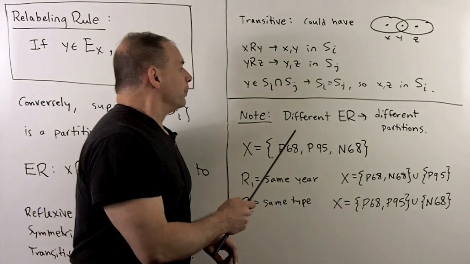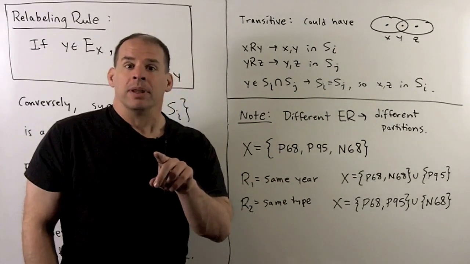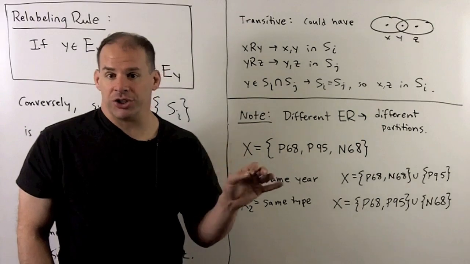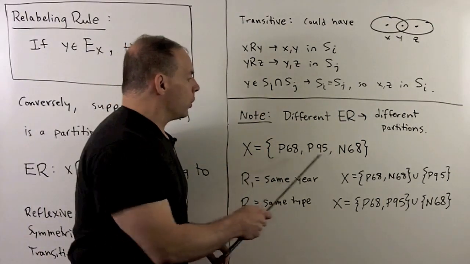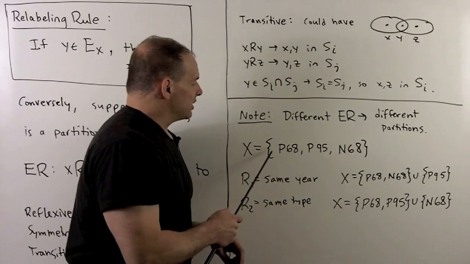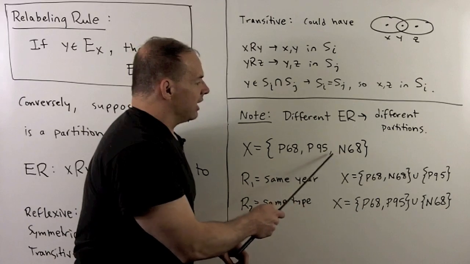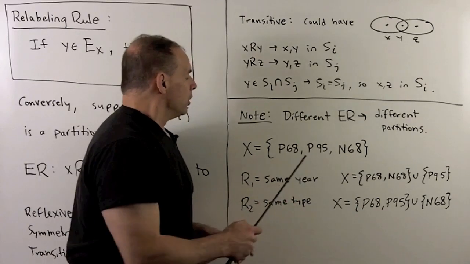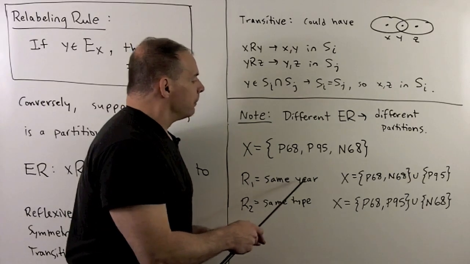One last note, if I have different equivalence relations on a set, then we expect to have different partitions. So for instance, let's suppose our set is of 3 coins. I have a 1968 penny, a 1995 penny, and a 1968 nickel. First relation, R1, is if they have the same year.